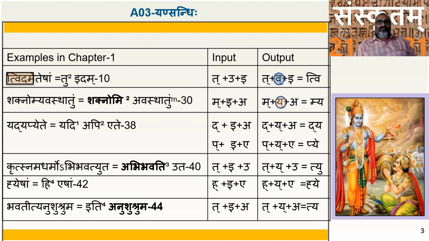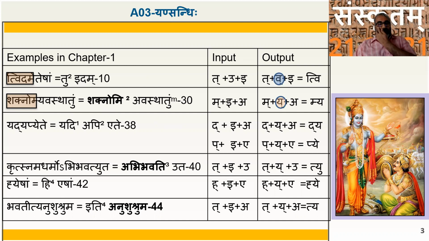The input is the u of tu, which is an avyayam, and the e of idam. So here we are having 2 ach coming together, that is u and e. When we have u and e together, what happens? Ukaram becomes vakaram. If you see, the output is va.